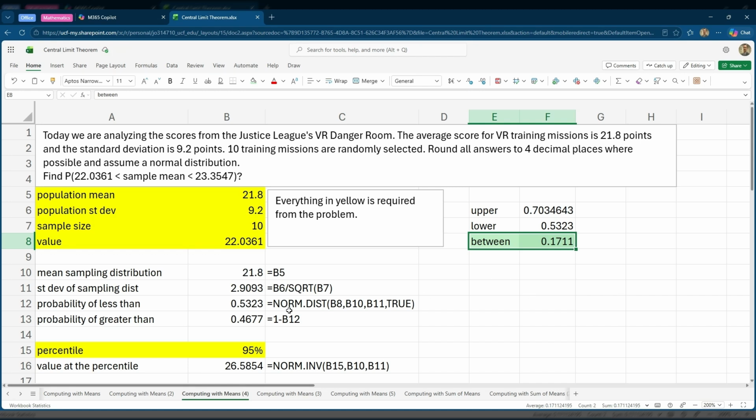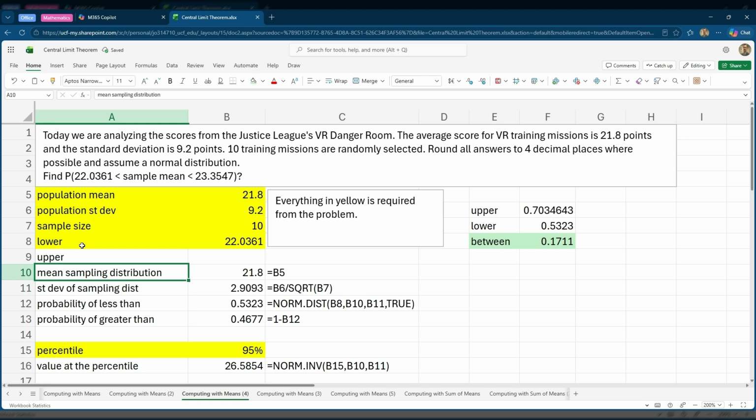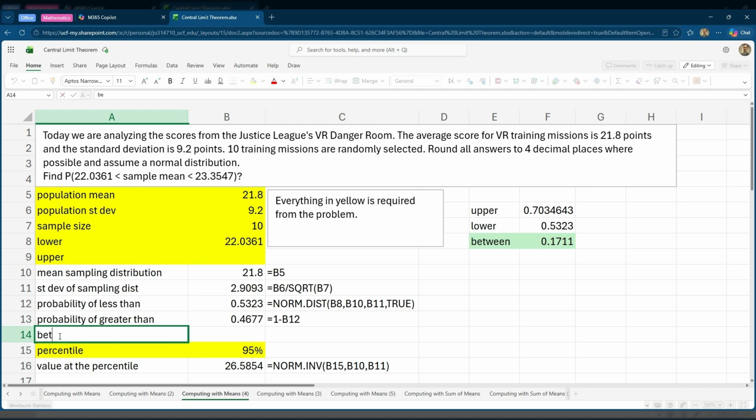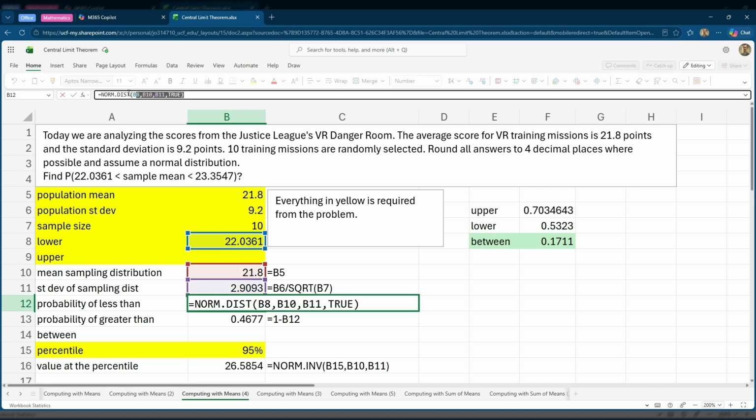What we did in the last video, though, was I did a lower and upper, and then I had a between here. And what we did was we went ahead and grabbed this.